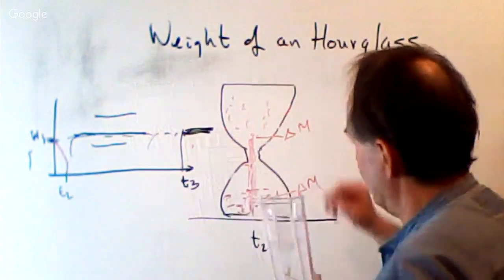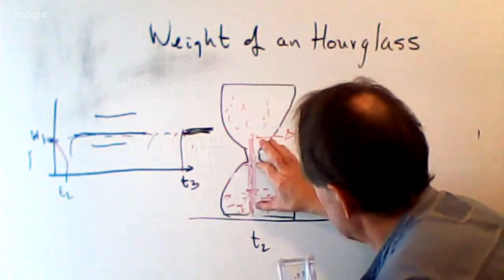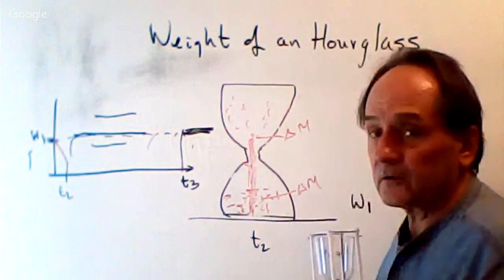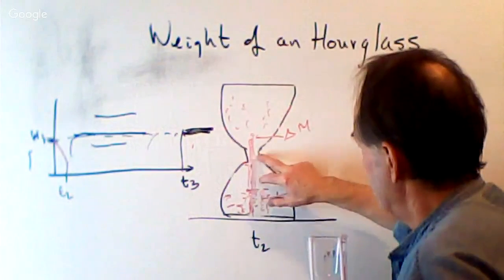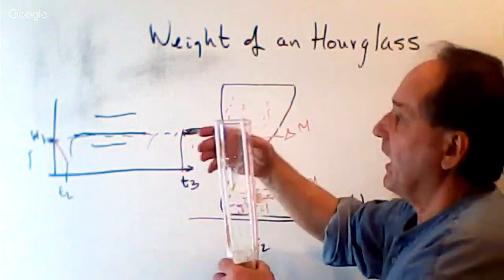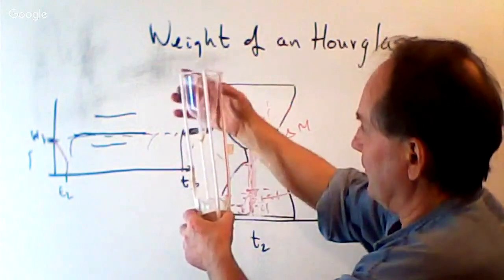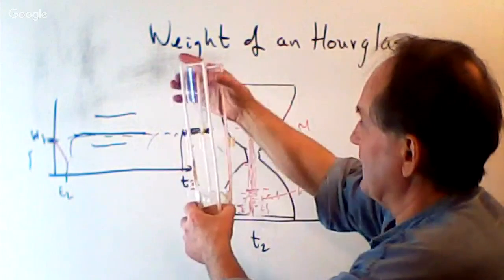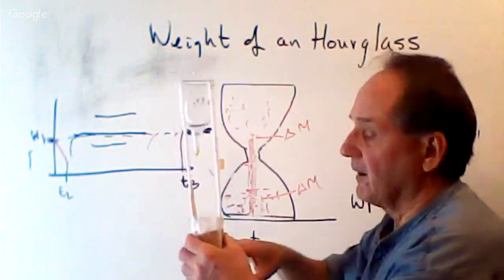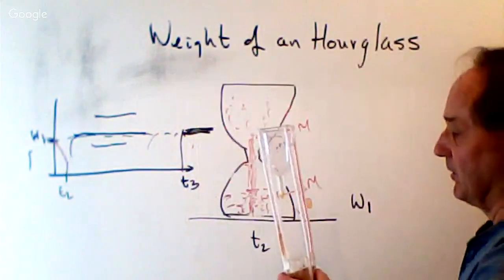Now, there are a couple of things that can impact this. Of course, one is the distance that the sand falls, which would determine how much momentum or kinetic energy it gains. So I have the ability to move this top bulb up and down to test at various heights how it impacts the weight on the scale.